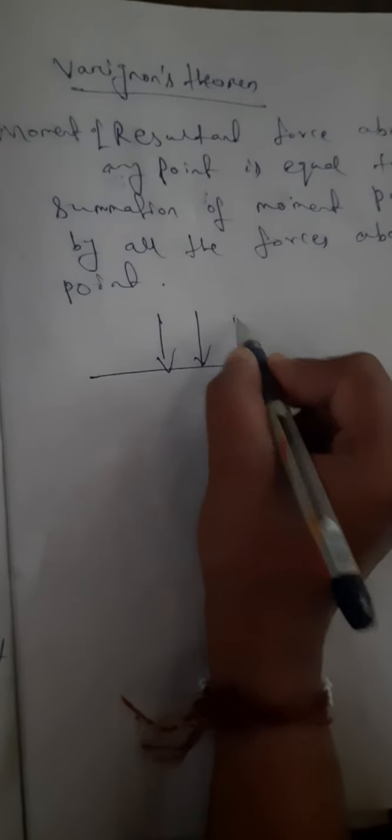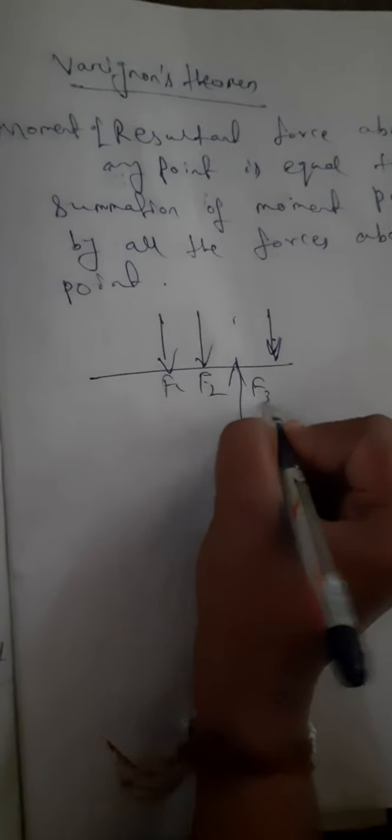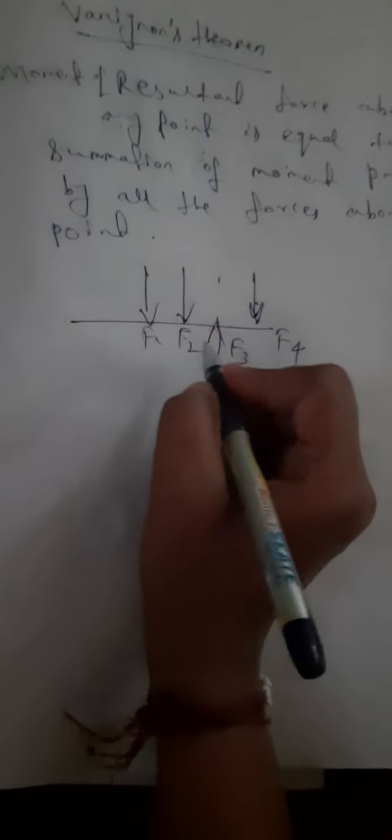What do you understand from this statement? Suppose there are many forces acting on a body. Suppose these are F1, F2, F3, F4, acting on this body. F1 is acting like this, F2 like this, F3 like this, and F4 like this.